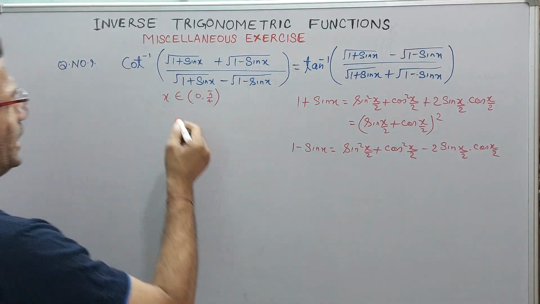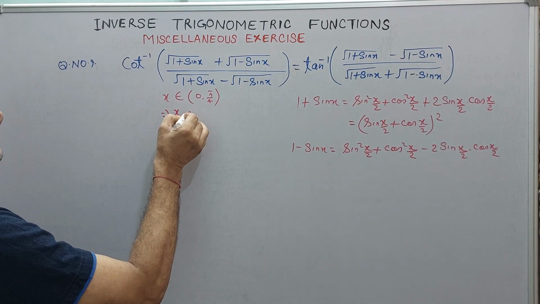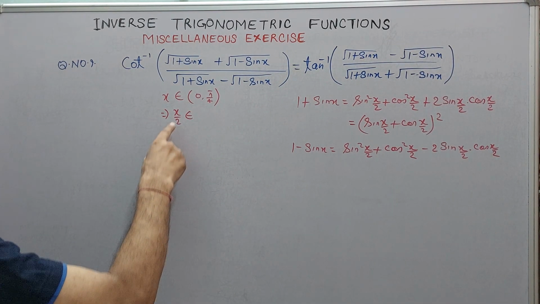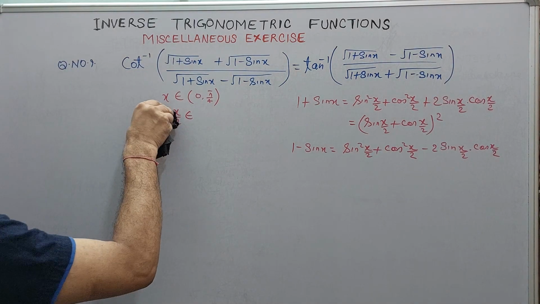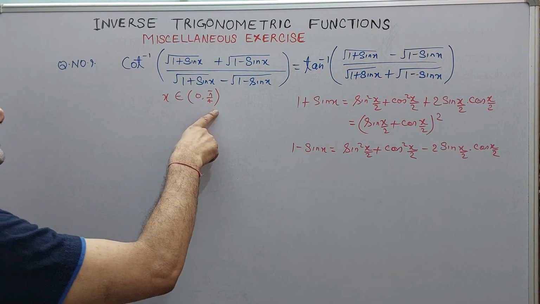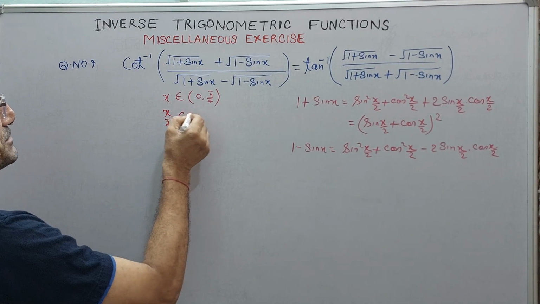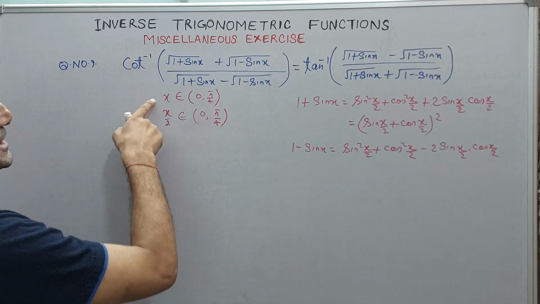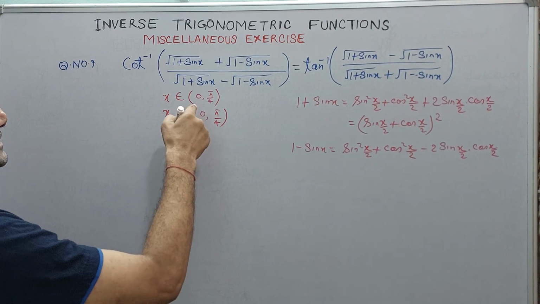Here x by 2 also belongs to this, since we have just halved the angles. If 30 degrees belongs to this, half of 30 degrees, 15 degrees, also belongs to this.